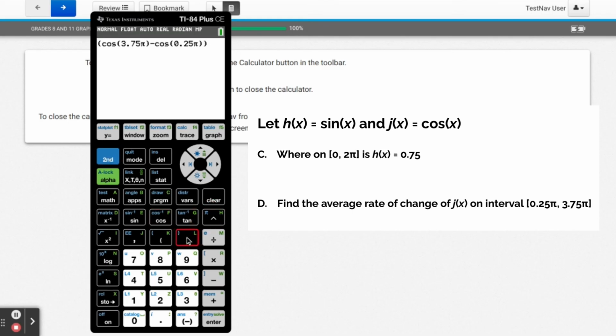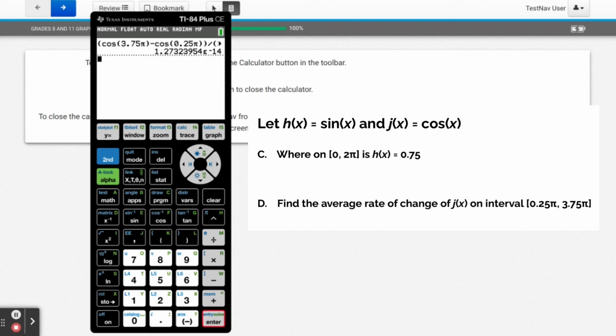Close it, close it. Now I'm going to divide, parentheses 3.75 pi minus 0.25 pi. Close it and see what terrible number I get.